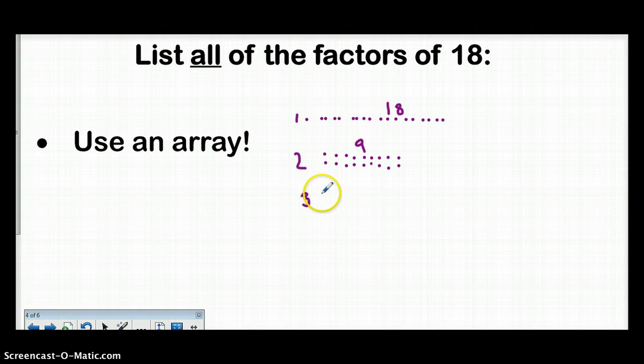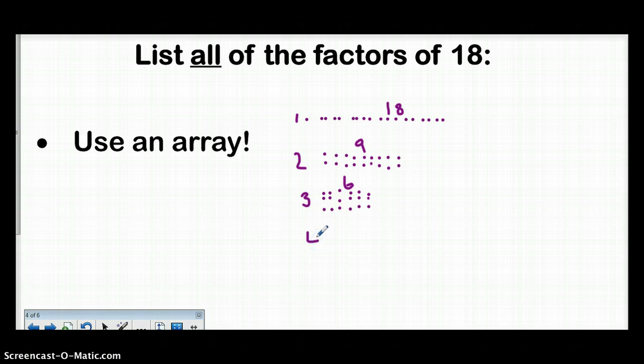Next, I would try 3. 1, 2, 3, 6, 9, 12, 15, 18. I made another perfect rectangle here in this case. So I know that other factors of 18 are 3 and 6.